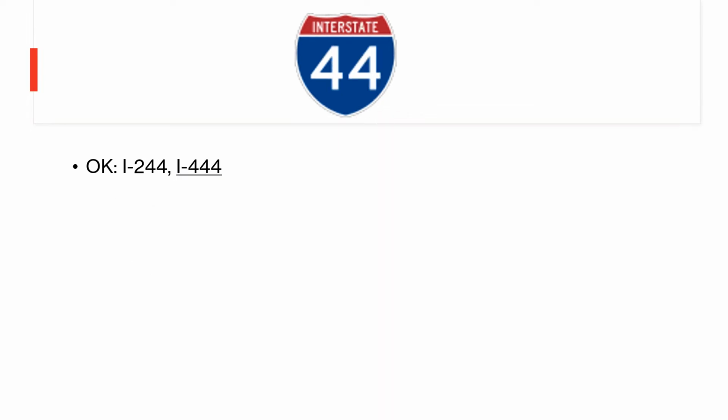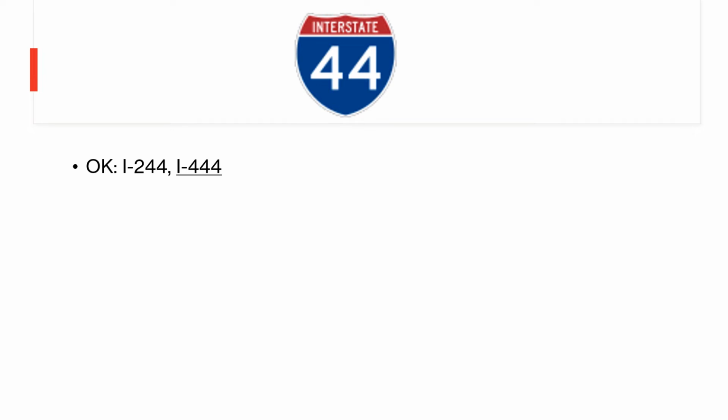Interstate 44, Oklahoma again. You have 244 and 444. Now, 444 is one of two three-digit interstates that actually have the same number as the three digits, which is 4.